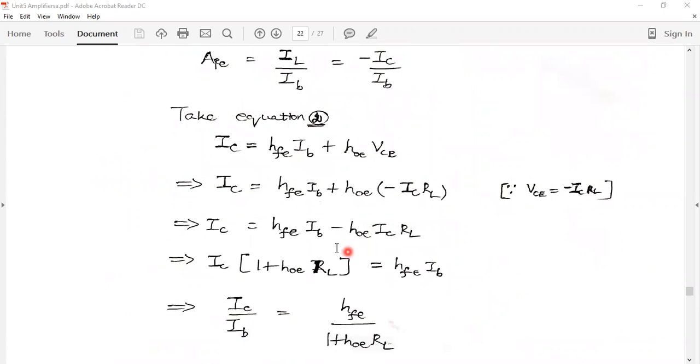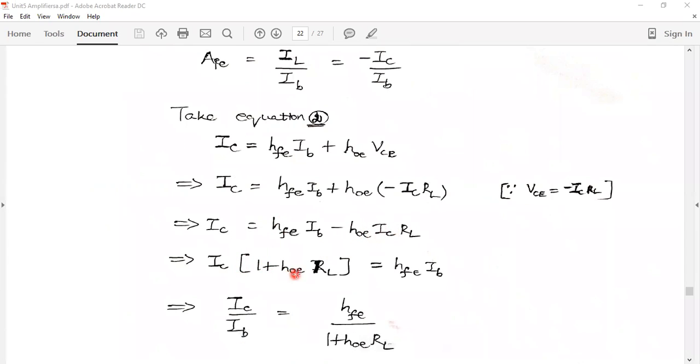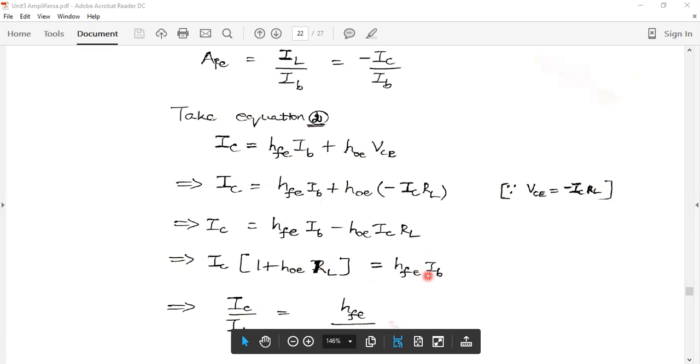After substituting, I will take this term to the left hand side. Why? Because the IC term is on both sides, and I want to combine them. Therefore IC into 1 plus H0E RL is equal to HFE IB.